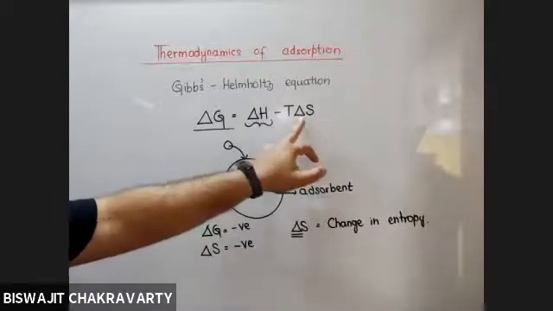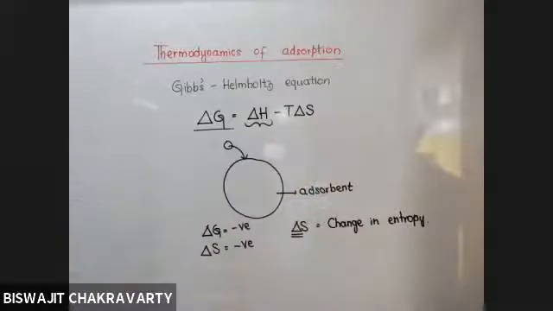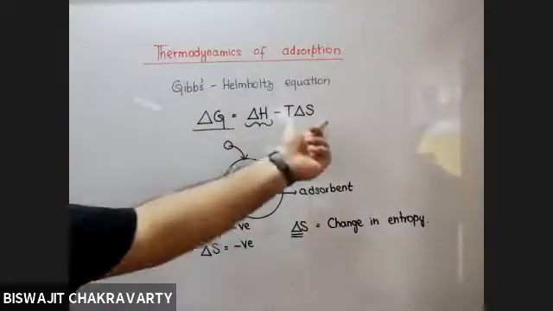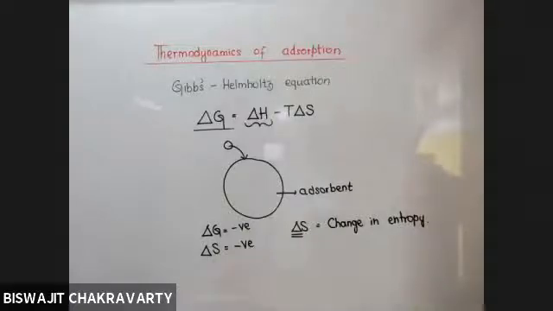But the overall value should be negative. The overall value must be negative. So if the second term is positive and the overall value has to be negative, will not delta H be negative and greater in magnitude than this? Understood? Should I repeat it once again? Is it clear? Tell me frankly.